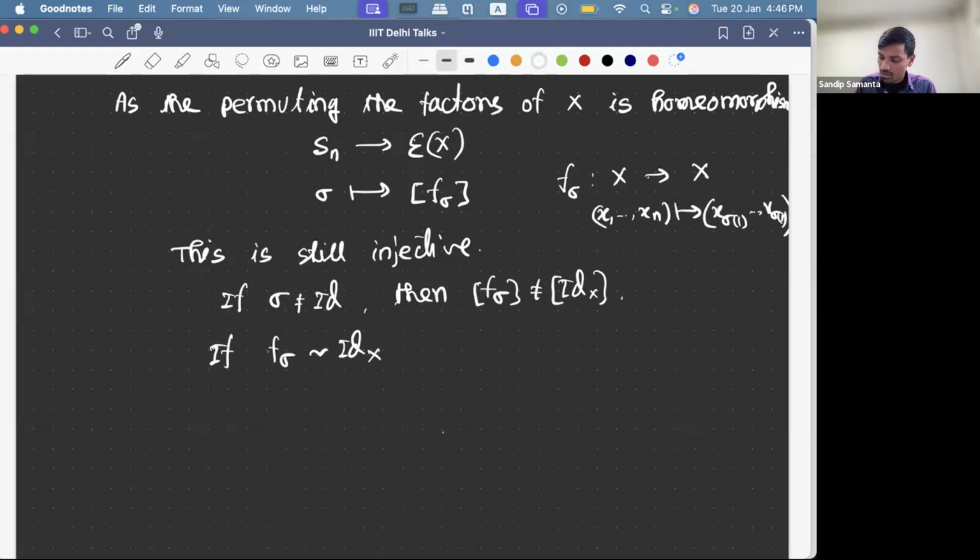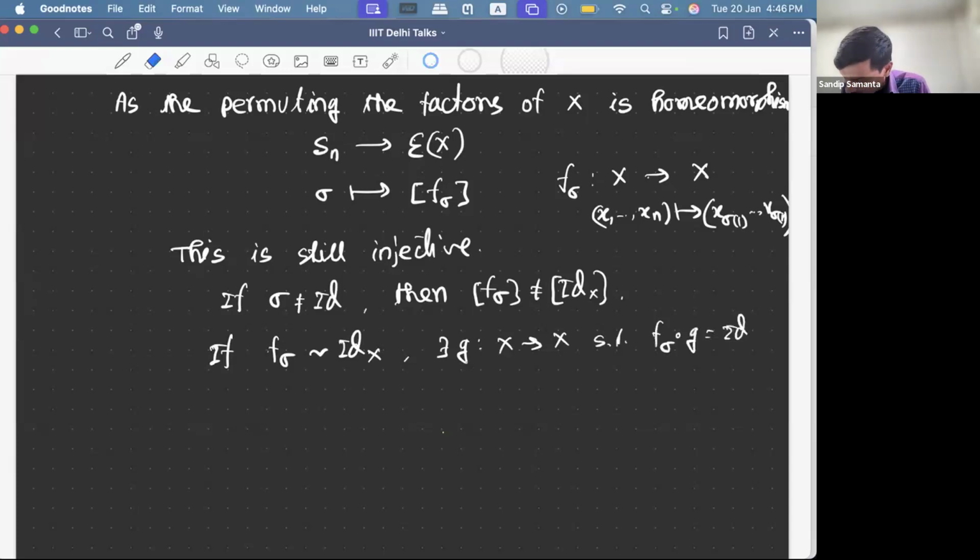So there exists some g_t from X to X, I specifically mean g_t, such that g_0 is f sigma and g_1 is the identity on X, just the standard definition of the homotopy.